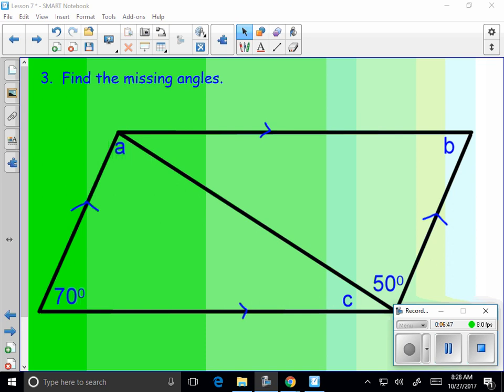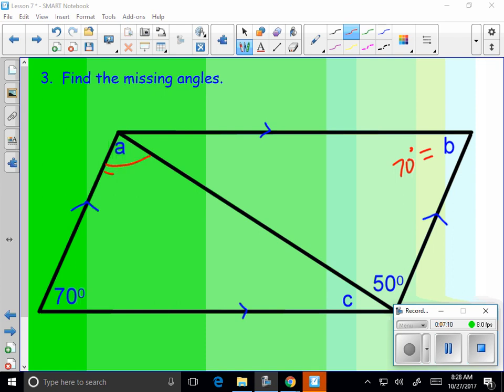Okay, somebody tell me what angle B's measure is. 70, good. Opposite angles in a parallelogram are congruent. Now what? What's the next angle that you found, Johnny? Not quite.